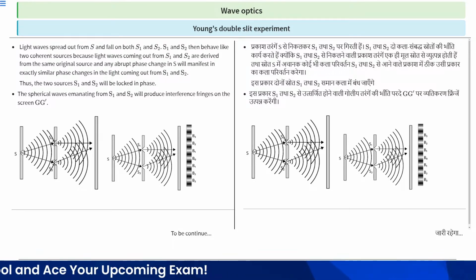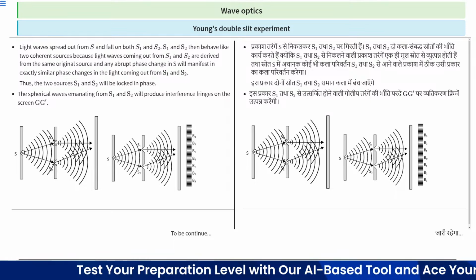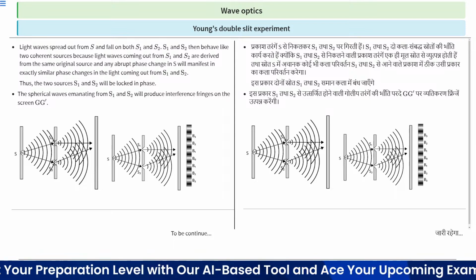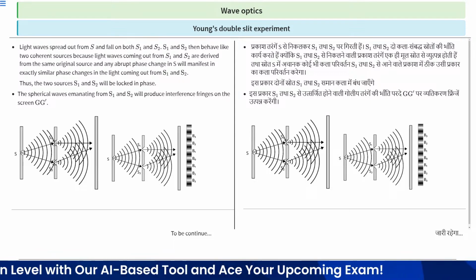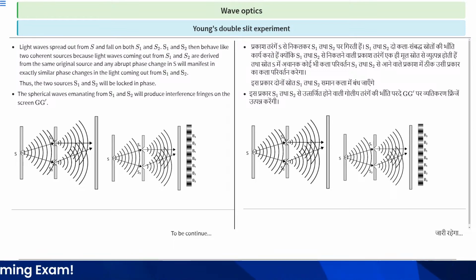When these waves fall on both S1 and S2, both sources behave like coherent sources because both are originating from the same source denoted by S. These waves are known as wavelets.